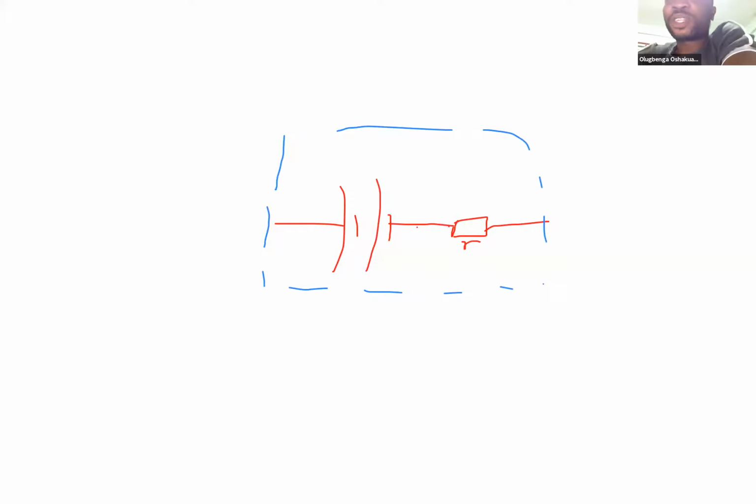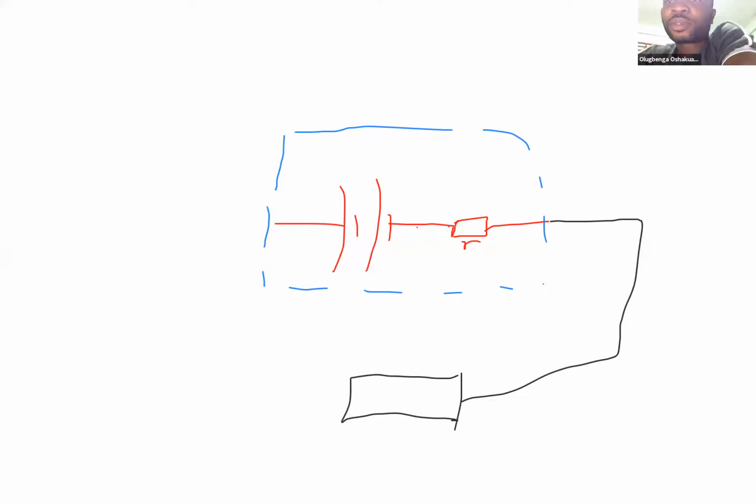Then after this, we now start talking about it being connected to something else, maybe a resistor, another resistor.